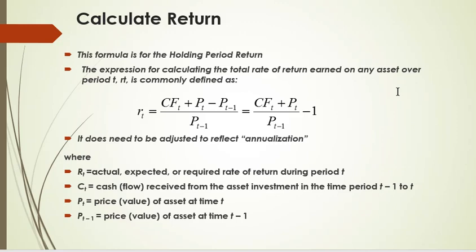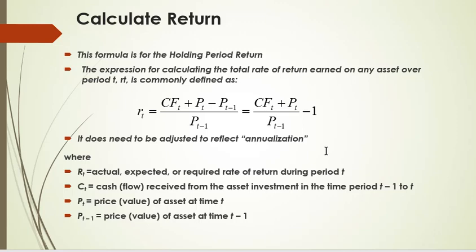To calculate returns, essentially we're talking about a historical definition here. We have a basic formula. This is the textbook version here, but on this side, this is just an algebraic simplification. You take the cash flow and you add to that the ending price, P sub T. You divide that by the beginning price, which is P sub T minus 1.